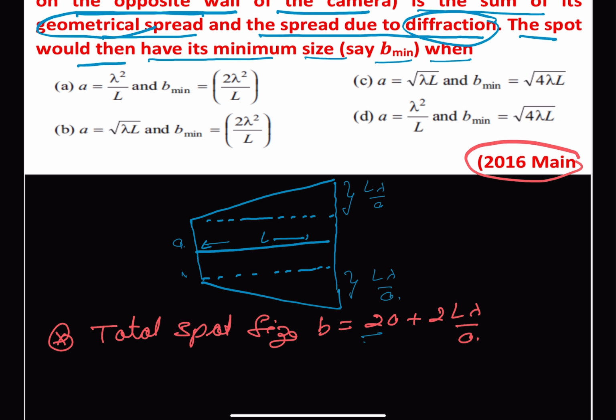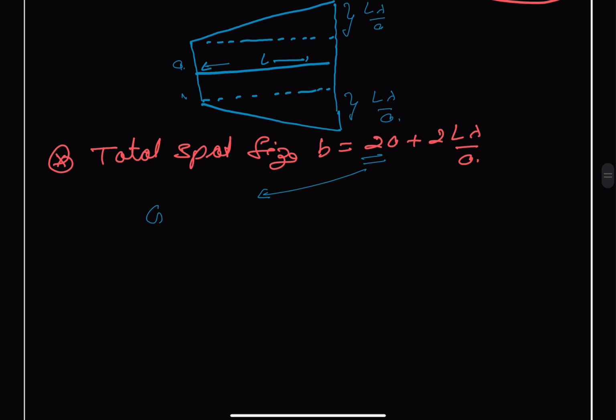So this part is our geometrical spread, and this part is our diffraction spread.